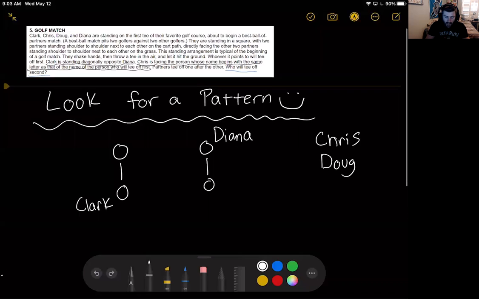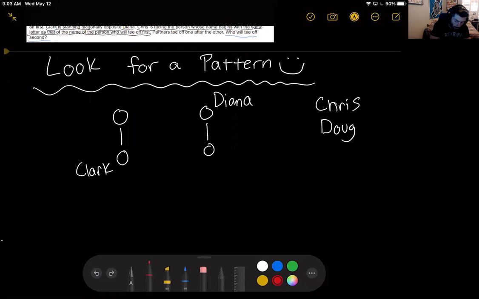So let's do the first case. This would be case 1 right here. And in this case, let's put Chris up here, the top left. And that must mean Doug is in the bottom right. So notice that Chris is facing the person, and that person has the same letter as the person that goes first.